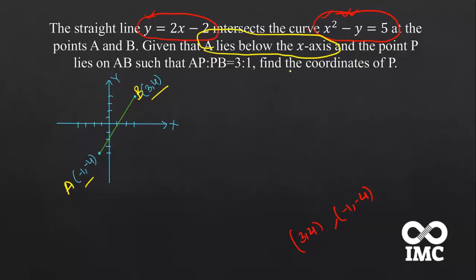And the point P lies on AB such that AP to PB equals 3:1.